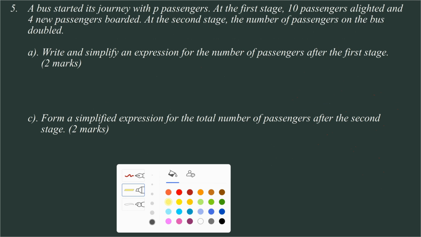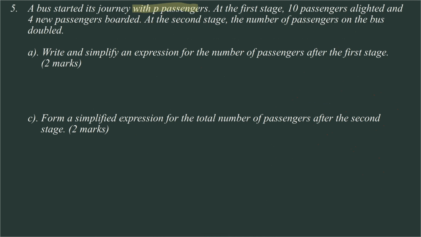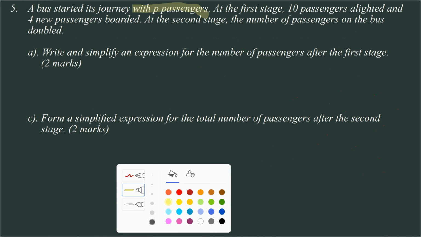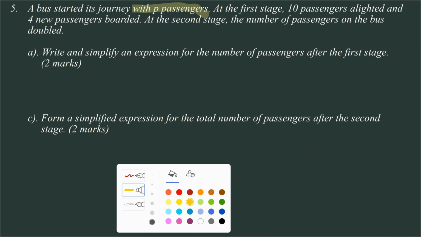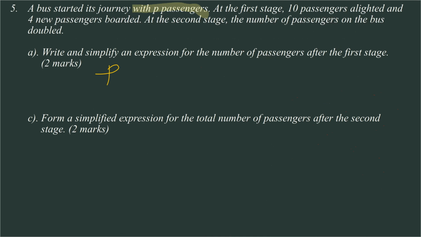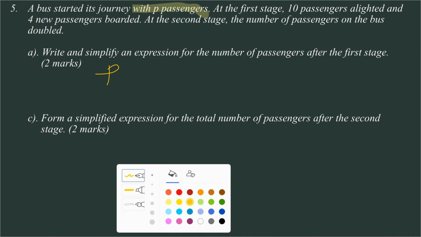The first stage, we start with B passengers, and then at the first stage 10 passengers alighted.